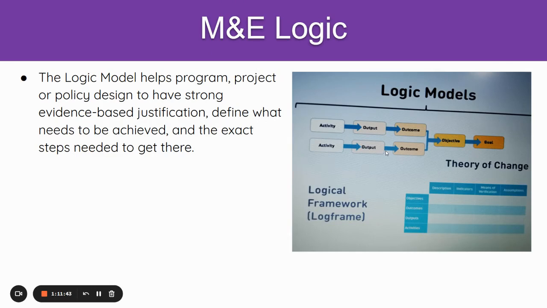Day one, we assume that 5 people use the hand pump. Day 2, 6. Day 3, just like that. And then you will see that in a 1 month or 2 months period, there might be increased number of people using the hand pump. That is an indicator to show that there is a change, and that change is increased access to safe drinking water. And we can measure it.